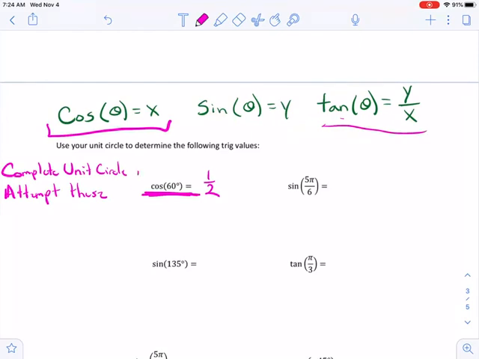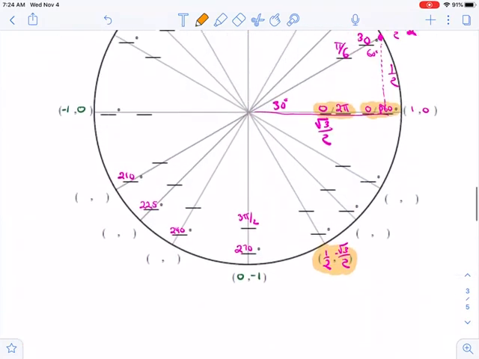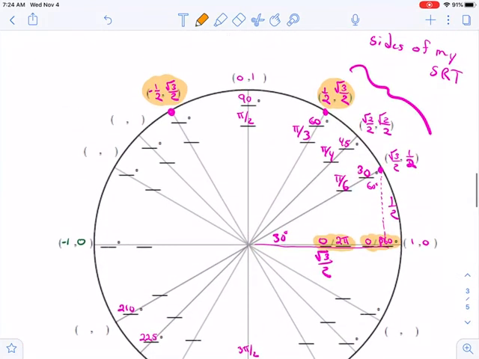But otherwise, if I have to do something like this, and I have the unit circle completed, take cosine of 60 degrees. Well, cosine is my x-coordinate. And if I'm doing 60 degrees, then I can look on this diagram and say, okay, where is 60 degrees? 60 degrees is right here.